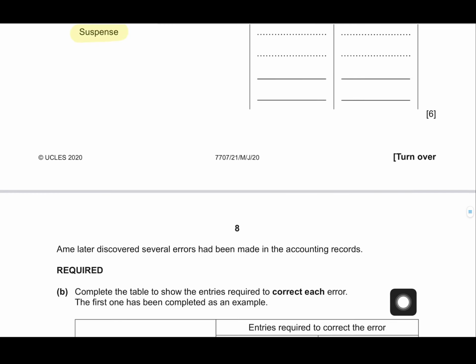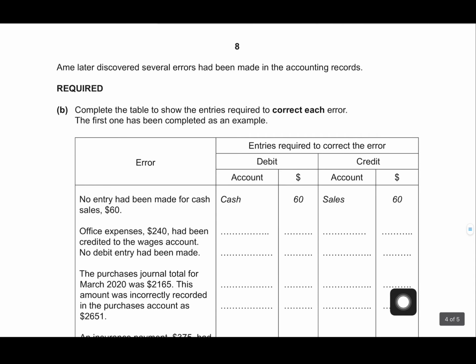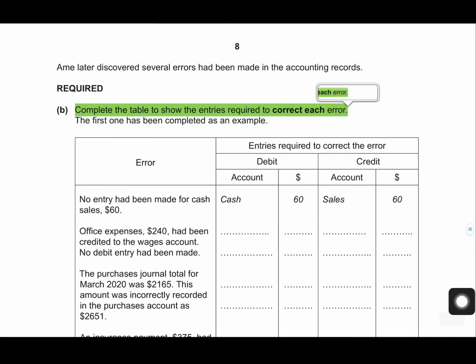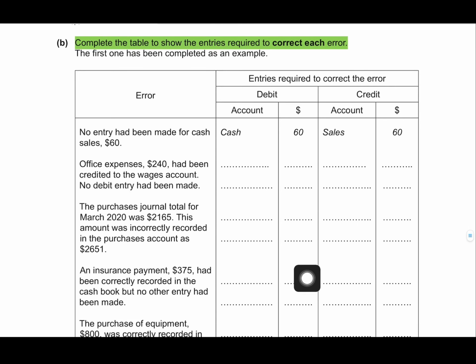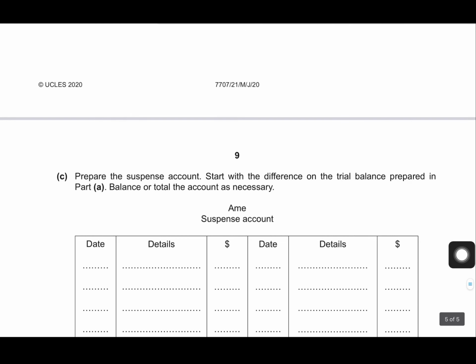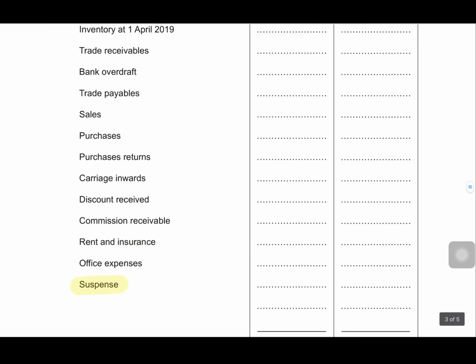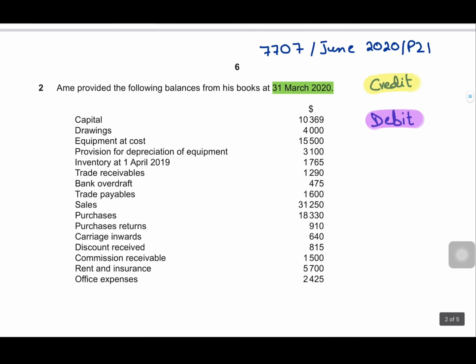Then in the next part, we are required to show the correcting entries, as then the errors would have been discovered. So we have to make the correcting entries, and lastly we are required to prepare the suspense account as well.